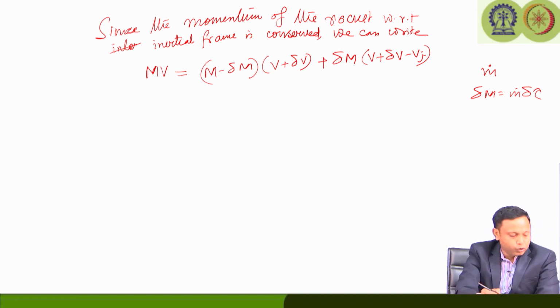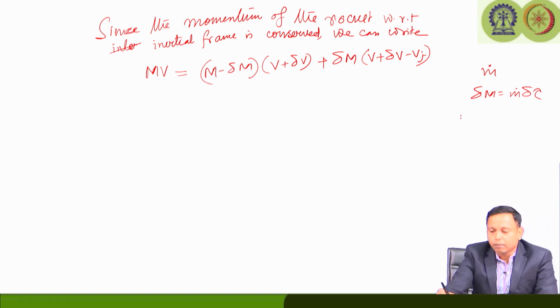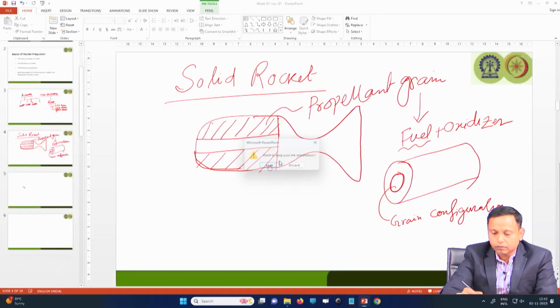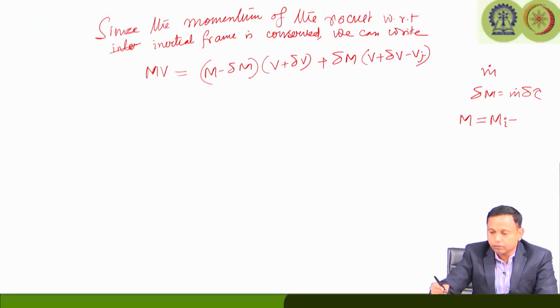So, we can simplify these equations, and what about the mass at time instance tau? If we consider the initial mass of the rocket as mi, we can simply write mi minus the amount of mass already ejected out, which is m dot into tau.